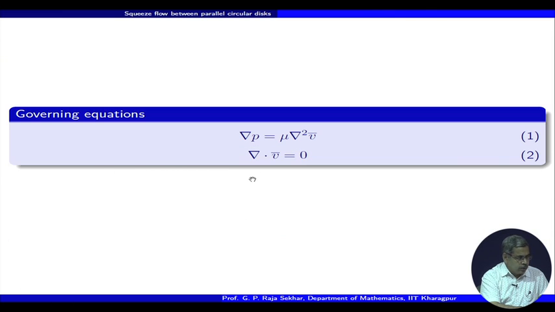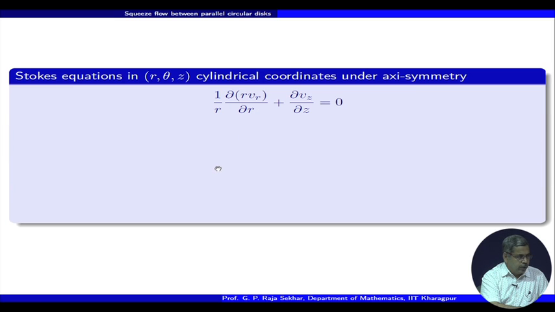Since we are considering a steady Stokes flow, we have the corresponding equation of continuity and momentum balance. For the cylindrical configuration with axisymmetry, we write down the equations in component form. This is the equation of continuity. As you can see, there is no V theta term because of the axisymmetry assumption.